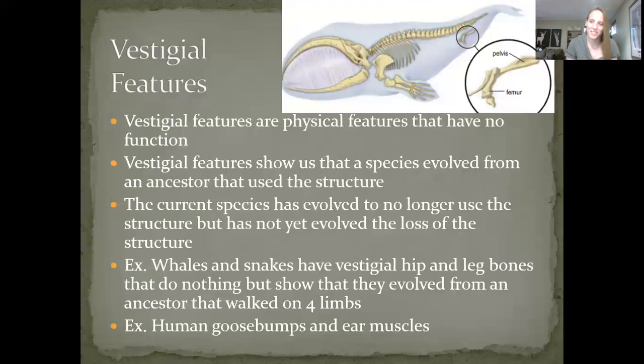We have lost the function of that feature, but not the structure itself. So examples of this are whales and snakes, which have vestigial hip and leg bones, but obviously snakes don't walk, neither do whales. They don't use those pelvis and leg bones anymore, but they are still present because both whales and snakes evolved from things that walked with four limbs.